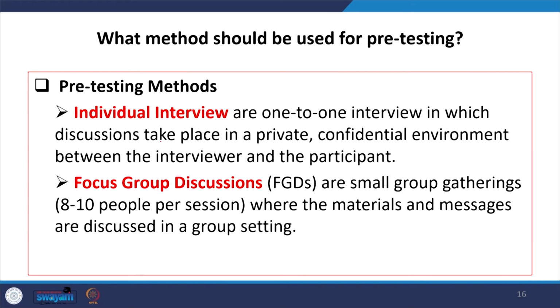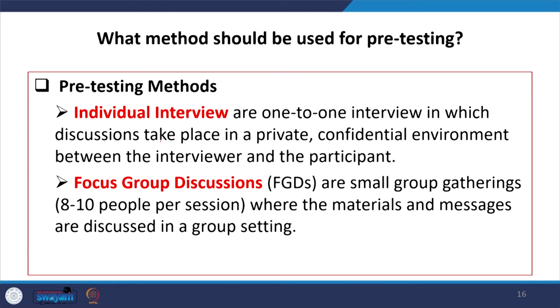Regarding the methods in the pre-testing stage, one is the individual interview, another is the focus group discussion. In the individual interview, interviews are one-to-one interaction, in which discussion takes place in a private, confidential environment between the interviewer and the participant.